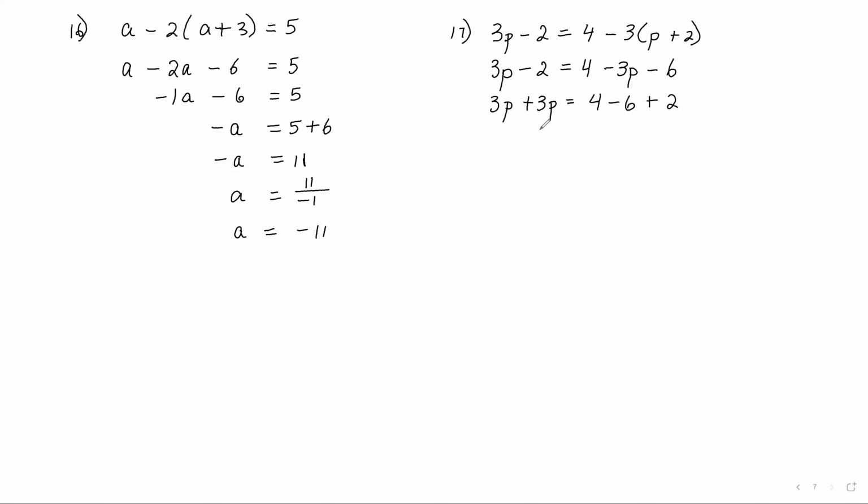And now we can work out everything. So 3p plus 3p is 6p. And 4 minus 6 is negative 2. And negative 2 plus 2 is 0. So it's basically p is equal to 0 over 6, which is 0.